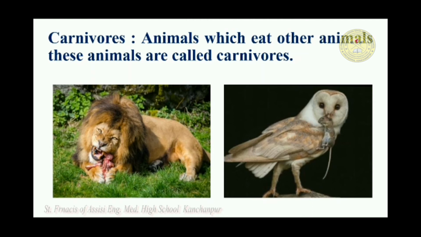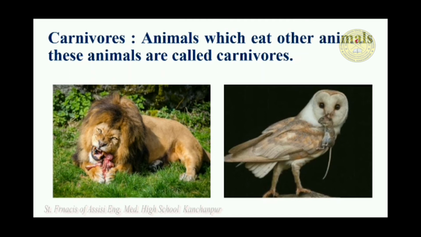Most carnivores have a pair of long pointed sharp teeth in the front, and with those sharp teeth they usually hunt and tear out the flesh of their prey, meaning other animals.